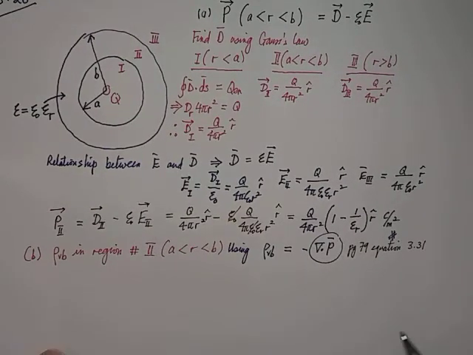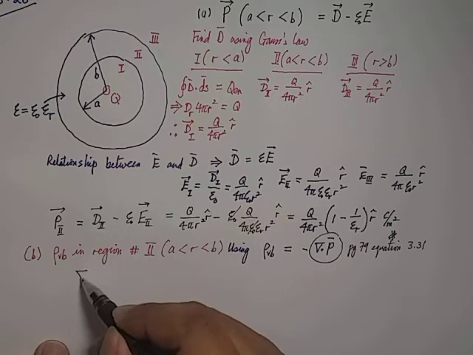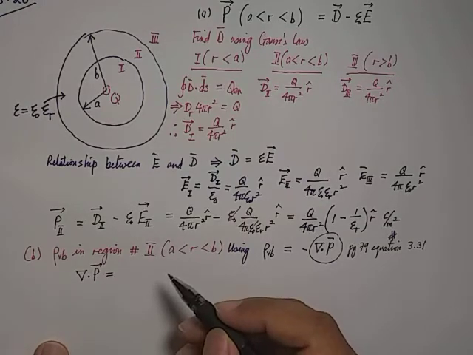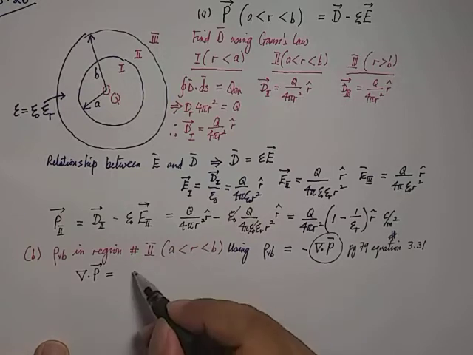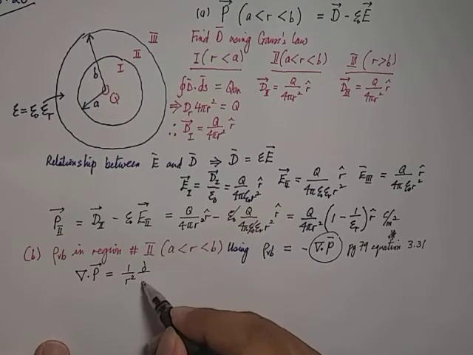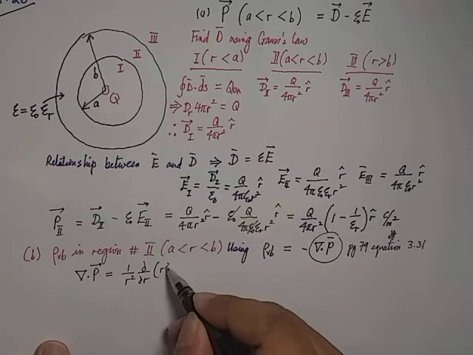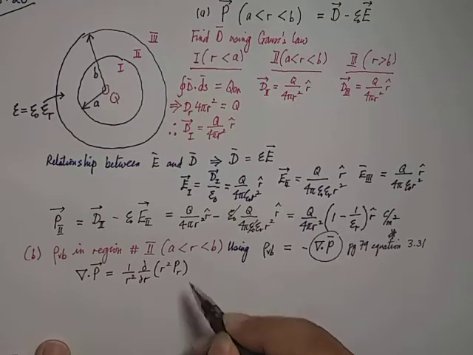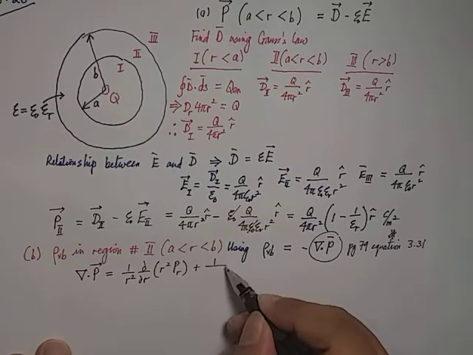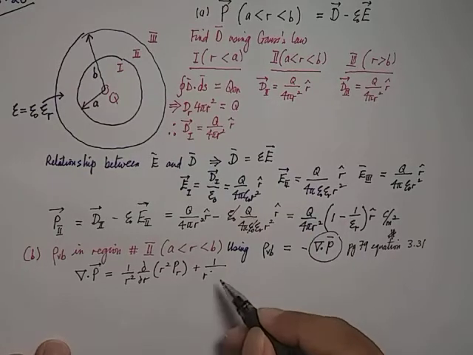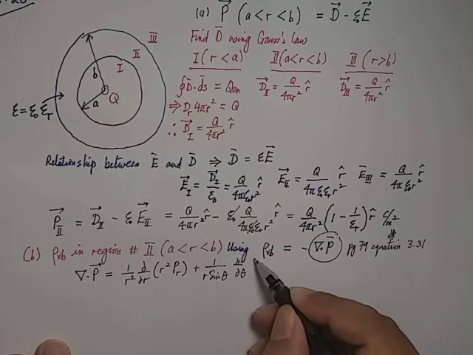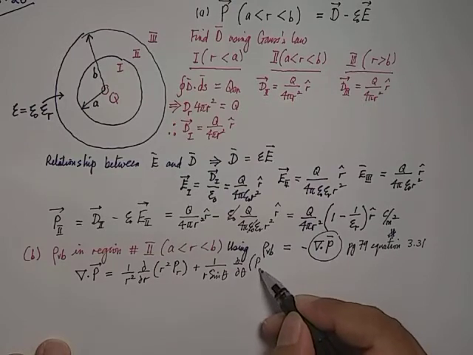If you refer to that equation, it states that the divergence of P, I'm just copying the equation now, nothing extraordinary, is 1 over r square, d over dr, bracket r square P r. That's the first term I can see from the table, plus 1 over r sine theta, d over d theta, open bracket P theta sine theta.